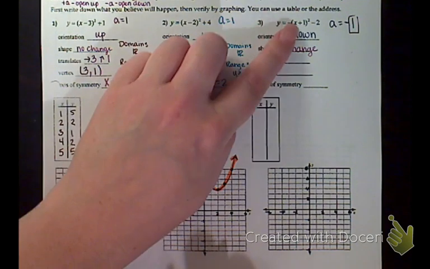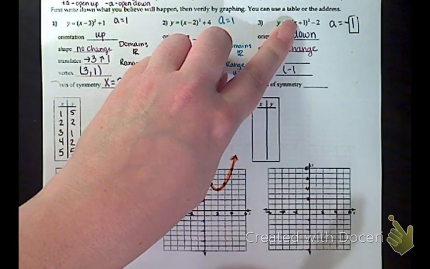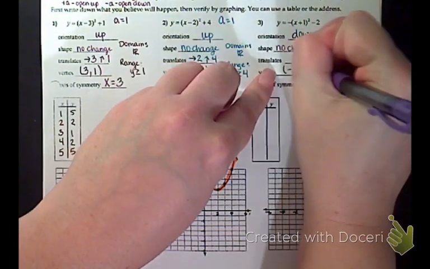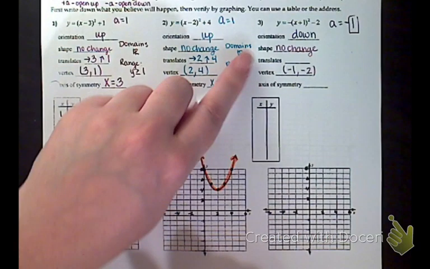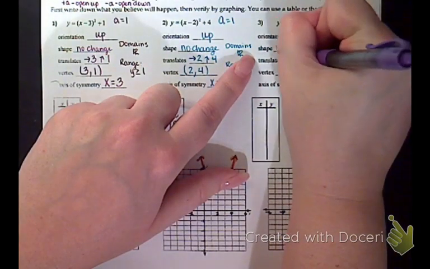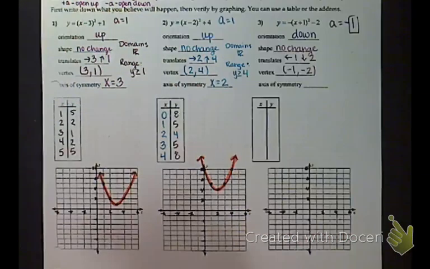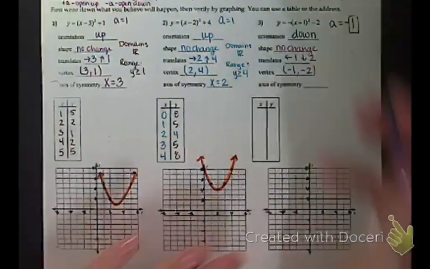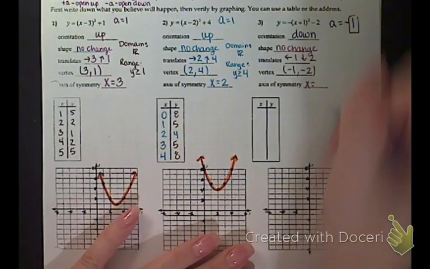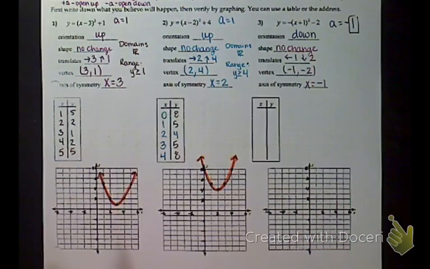My vertex, opposite of 1 is negative 1, and then I keep the negative 2 the same, which means this graph should shift to the left 1 and down 2. Okay, left 1 and down 2. My axis of symmetry is x equals, and it's the x value of the vertex.